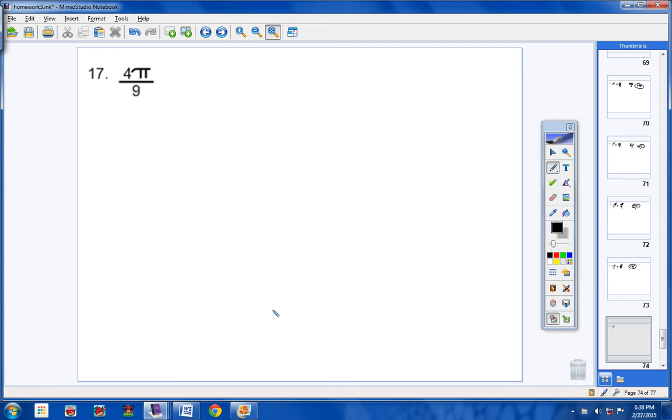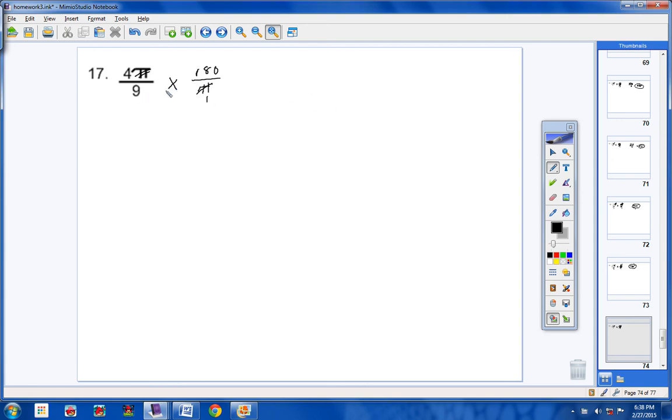Okay, students, moving on. Number 17, we're going to convert this radians to degrees. Anytime you do that, you're going to multiply by 180 over pi. Now, your pi's will cancel. Notice in the past couple problems, when I first started doing these, I would take 4 times 180 and get 720, 9 times 1 is 9. Then the past couple problems, I was cross-canceling.